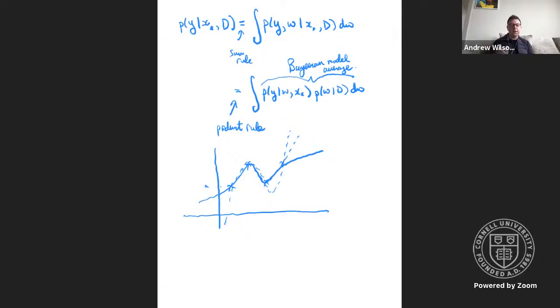So we could see the maximum likelihood or the regularized maximum likelihood approach as a special case of the Bayesian approach.